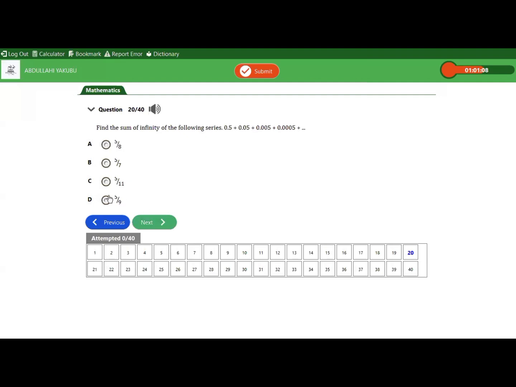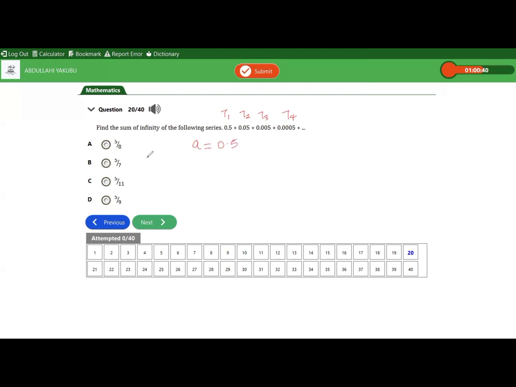The next question says, find the sum to infinity of the following series. So the series here, this is the first term, T1, second term, T2, you have T3, you have T4, right? The first term is a, which is equal to 0.5, isn't it?